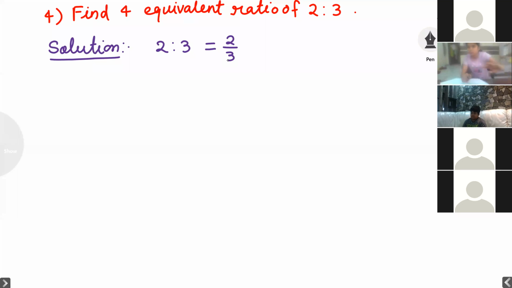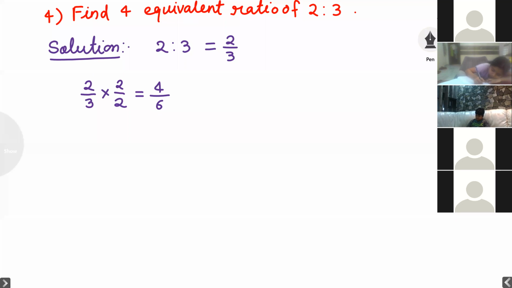Again, we can't divide because there is no common divisor between numerator and denominator. Then which operation will we do here? Multiplication. Now 2 by 3, multiply 2 into numerator and 2 into denominator: 2 twos are 4 and 3 twos are 6.